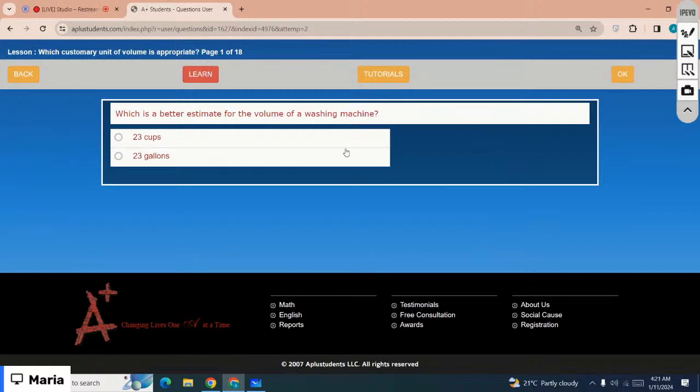You have been given two options, 23 cups or 23 gallons. Which is the correct option? That is the volume of the washing machine, right? So 23 cups is too small for the washing machine. It must be 23 gallons, right? Because you can see the washing machine has more space. So it must be 23 gallons, right?